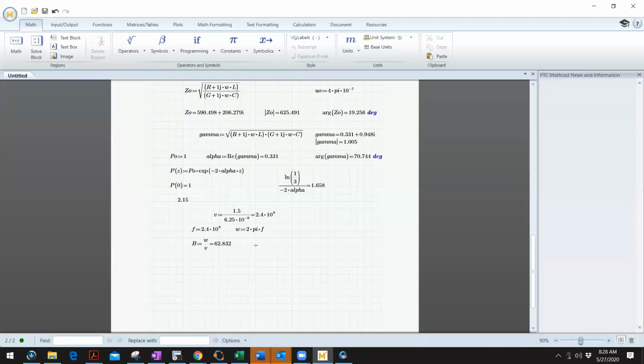We don't have alpha, we're looking for that, but we have the distance traveled. It's 1.5 meters, correct? And we know the attenuation, according to Whitworth's book, is 1.2 dB. That means alpha would be equal to 1.2 over 1.5, and that would be dB per meter, right?